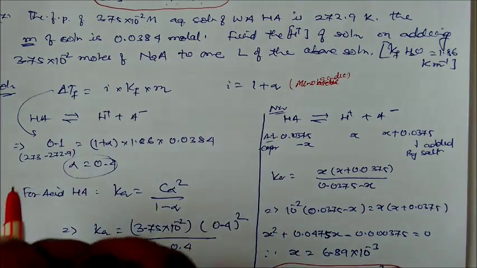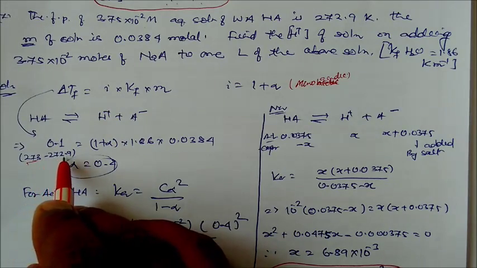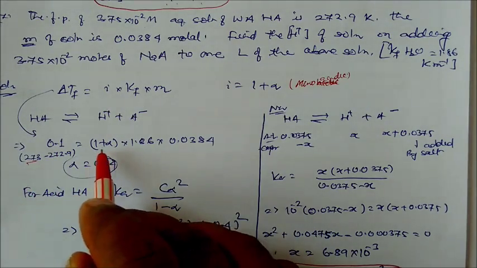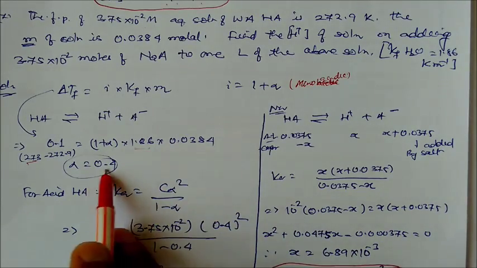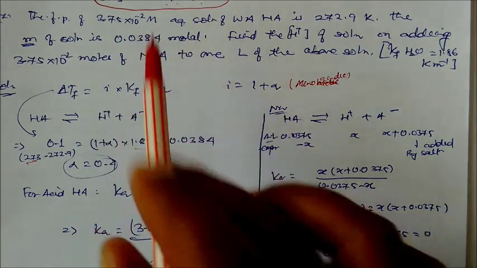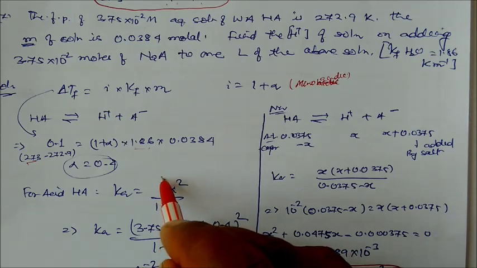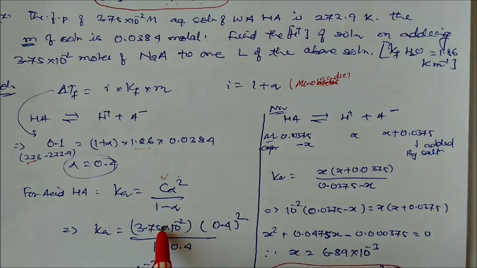Delta TF is 273 Kelvin minus 272.9, so this becomes 0.1. So 1 plus alpha, KF is given, so alpha equals 0.4. We know alpha, and the concentration is given. So from this concentration C and alpha, on solving we get K.